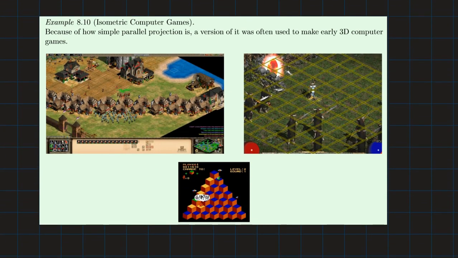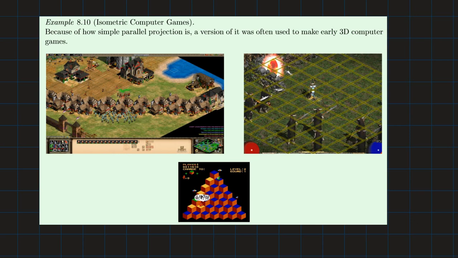So because parallel projection is so simple, you might not think it's simple, but compared to other types of projection, it really is quite simple. Because it's so simple, it was used quite a lot in early video games to try and create three-dimensional worlds.